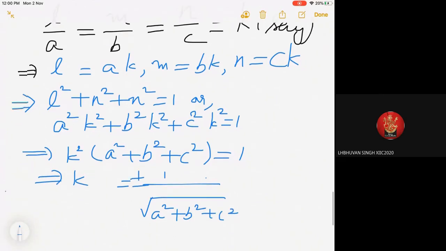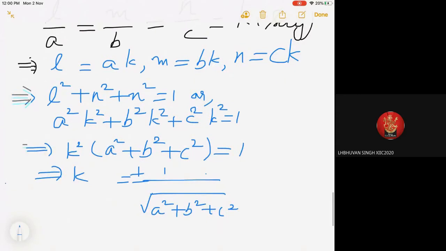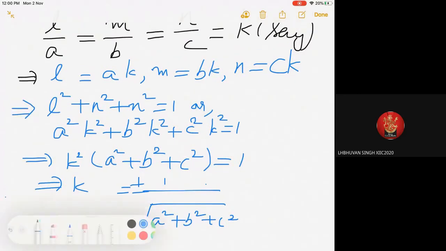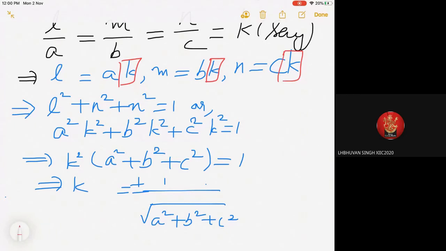So from this, we know that L equal to A into K. So this value of K, when you put, what will you get?